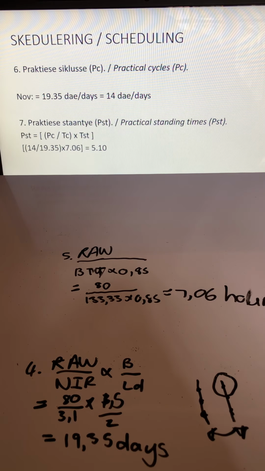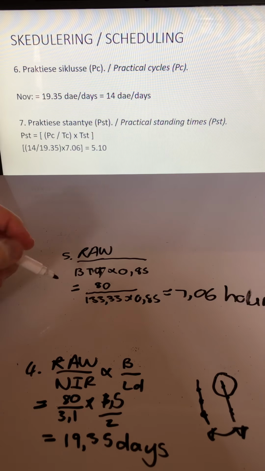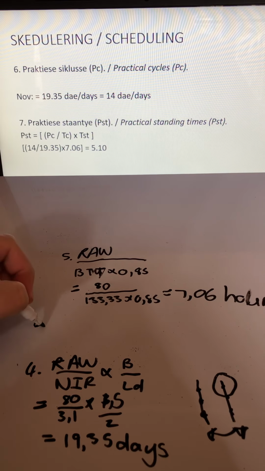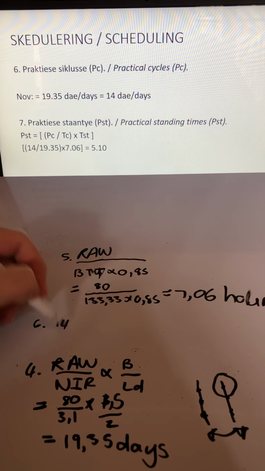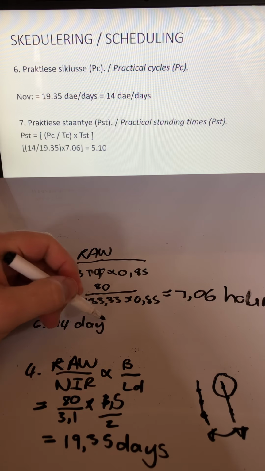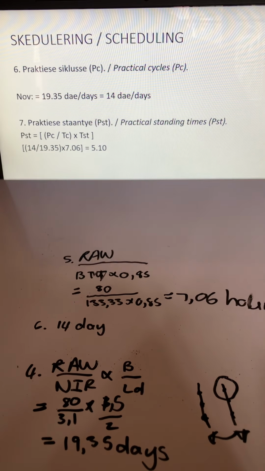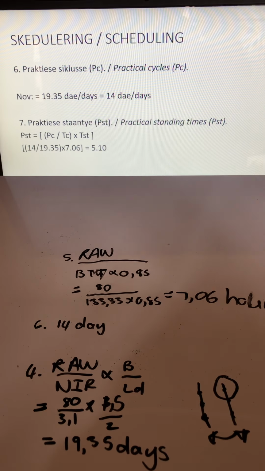Because your cycle length is only a factor of 7 days, you can say that this was theoretical, but practically it will fall into a 14-day cycle in order not to over irrigate.